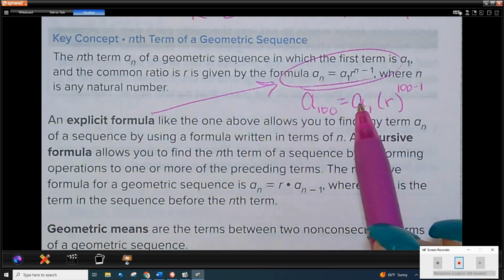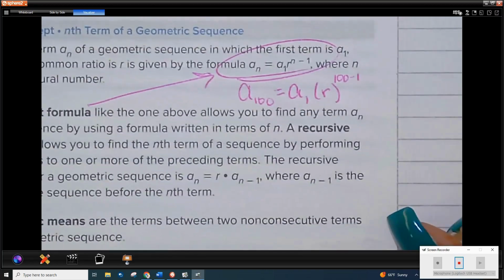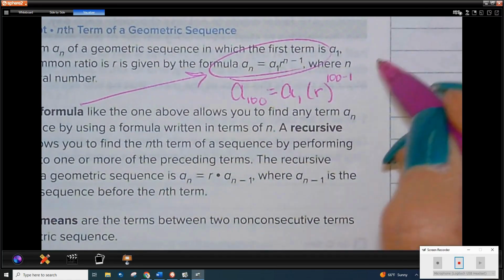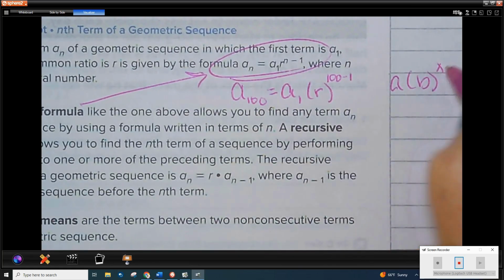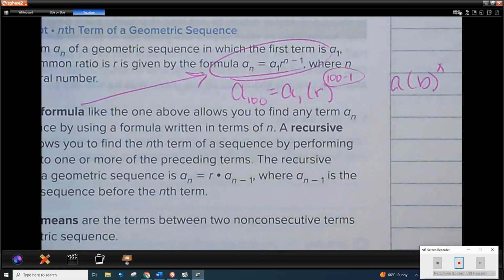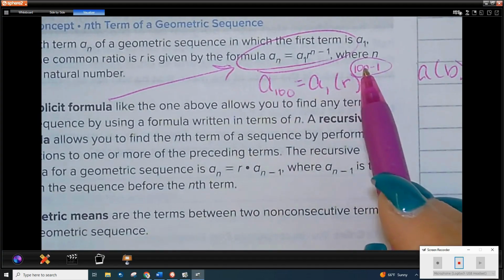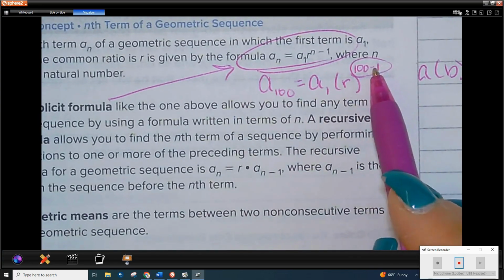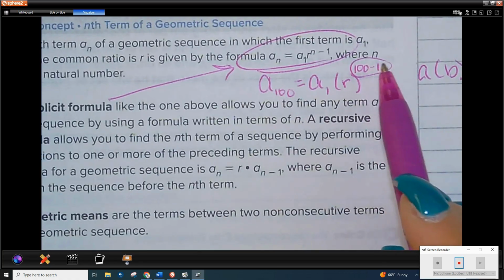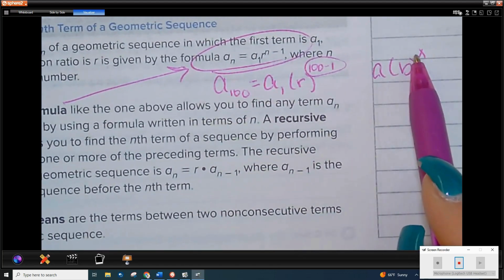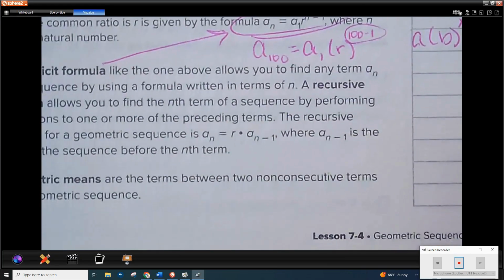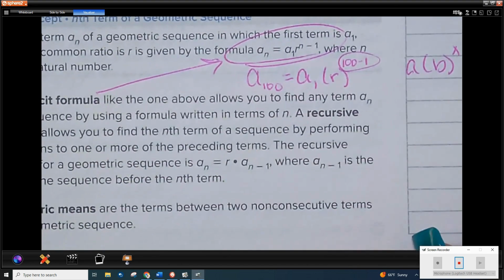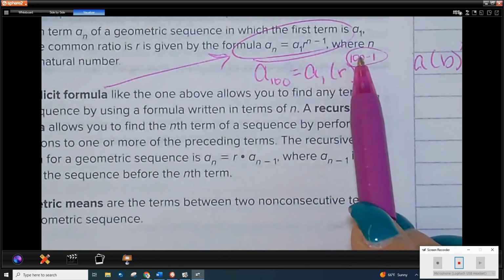And if you notice, it's like the exponential equation where we have our starting number, our rate and x, but this we do x minus 1 because we're always starting with 1. That way we get 0, 1, 2, 3. Our first exponent will be 0 here because 1 minus 1 will be 0. So it's very similar to exponential. It's just n minus 1 or x minus 1 in the exponent.